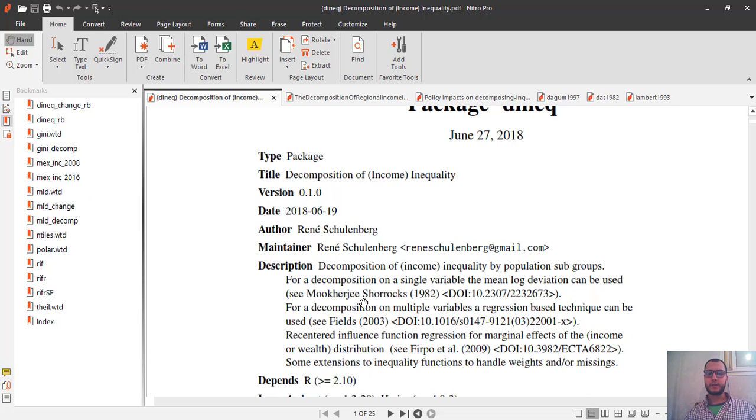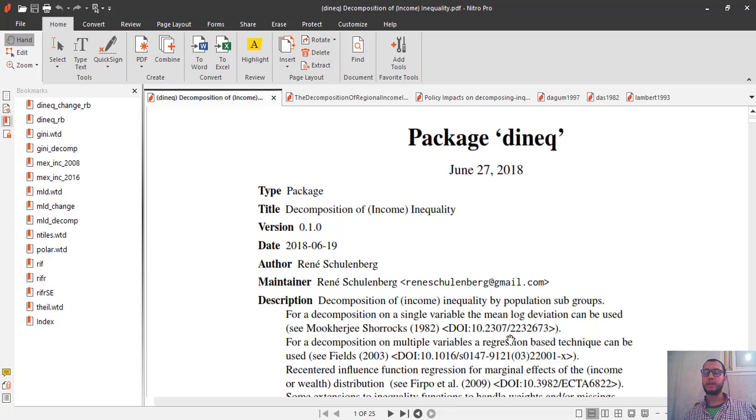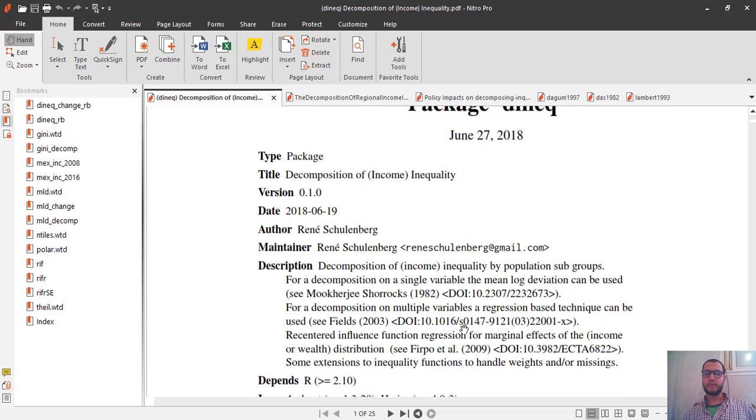With this package, you can decompose the Gini coefficient by population subgroup. In my case, I have the third region, not subgroup, because I don't have this kind of data. For decomposition on a single variable, there is the mean log deviation, so you can download this resource or these papers to understand the topic.